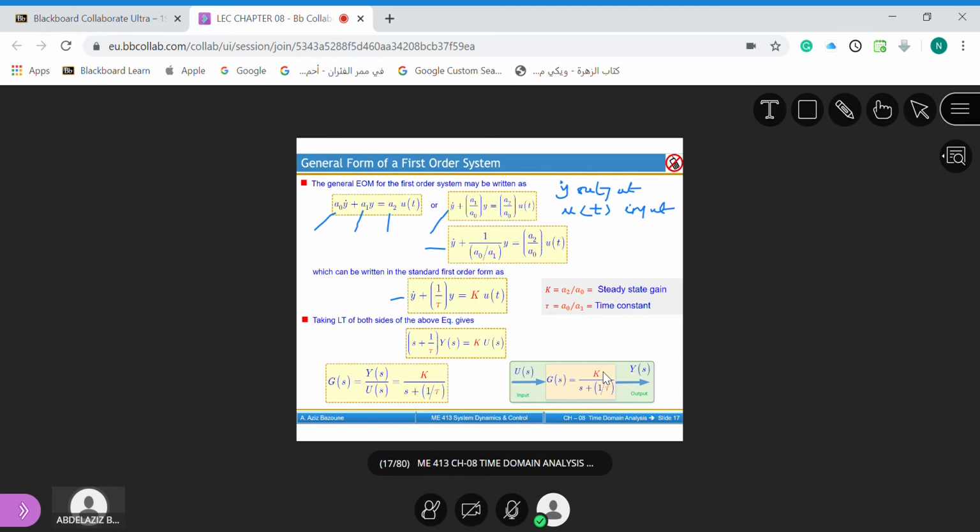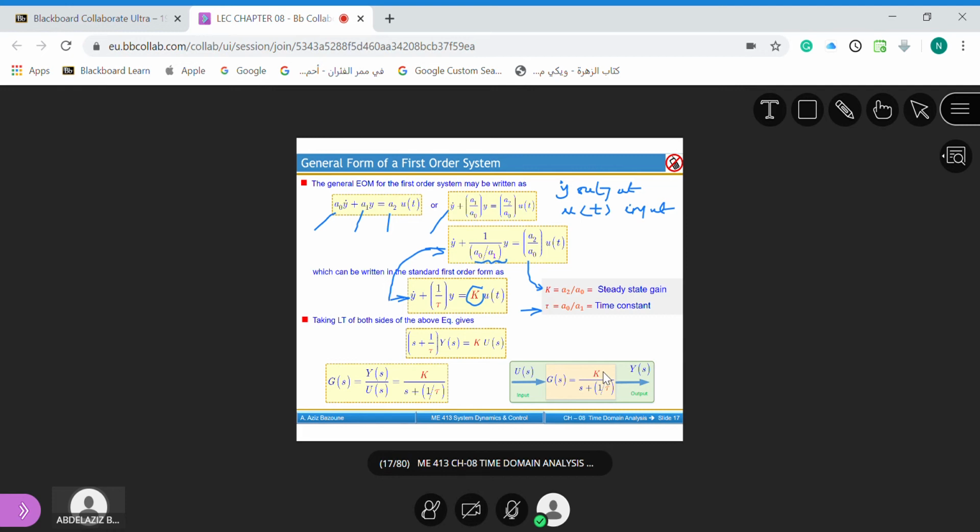Now, if you compare these two equations, this one and this one, we will see the following. We will see that tau is equal to A0 over A1, and K, capital K here, will be simply A2 over A0. So this is the standard equation for the first order system.